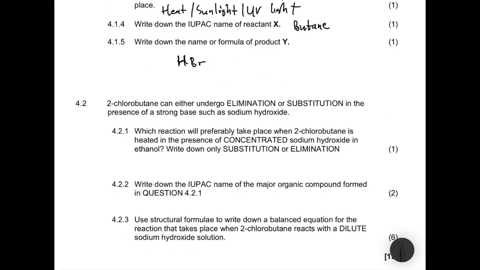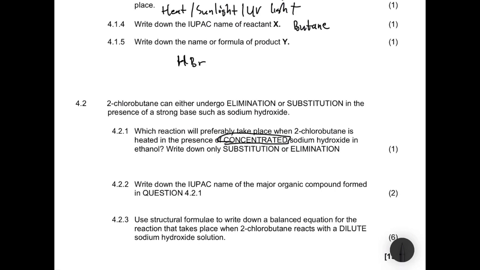4.2 says 2-chlorobutane can either undergo elimination or substitution in the presence of a strong base such as sodium hydroxide. 4.2.1, which reaction will preferably take place when 2-chlorobutane is heated in the presence of concentrated sodium hydroxide in ethanol? Write down only substitution or elimination. If you pay attention, you will realize that concentrated is in bold, so that gives us an idea of the knowledge we're supposed to apply.